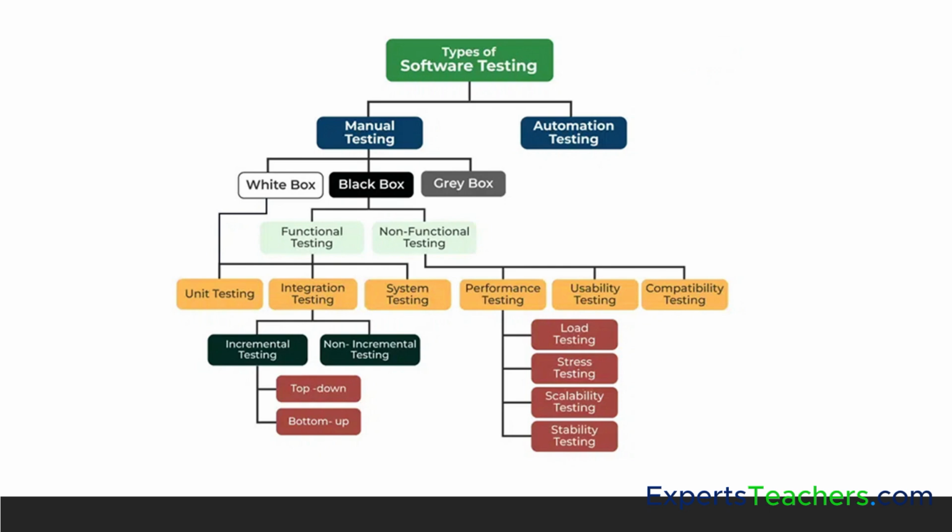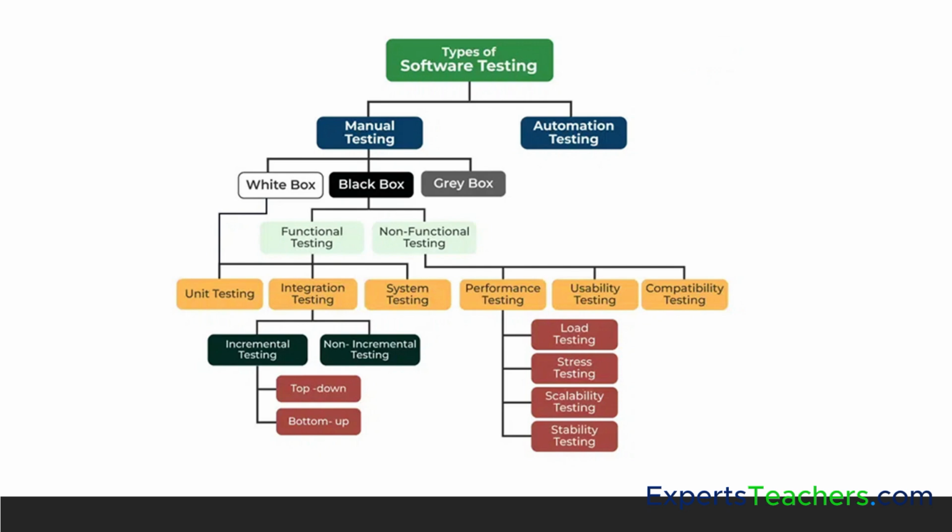The third one is compatibility testing, how compatible the software or application is on many devices, whether it is working fine on Android or iOS devices, how well it is performing on Windows, and how well it is performing on a Mac system. So these are compatibility checks, whether it is working fine and compatible on that device or not. So these are some questions.